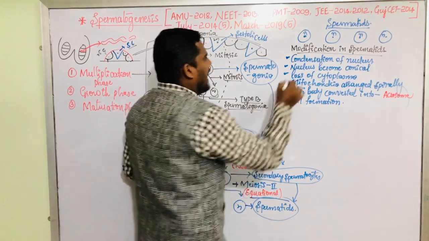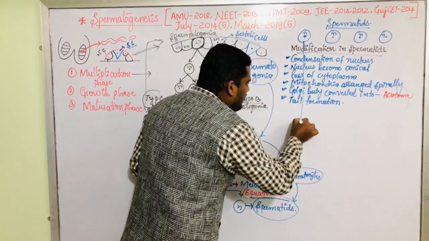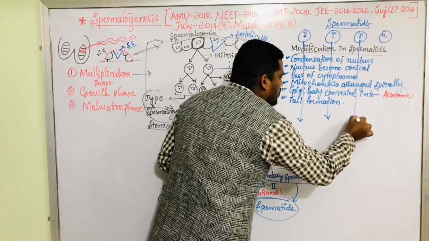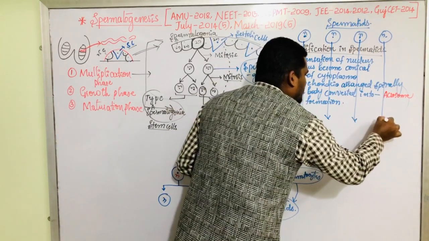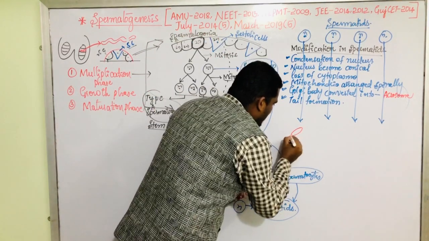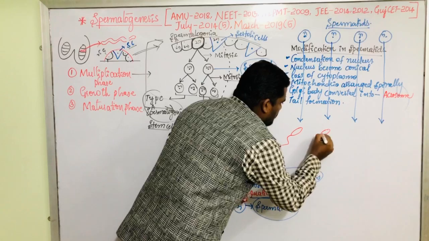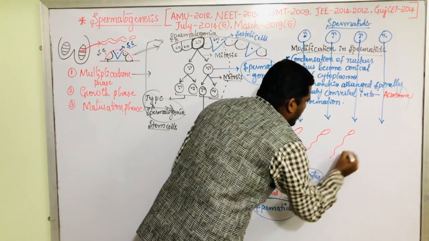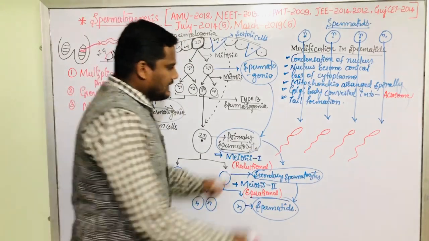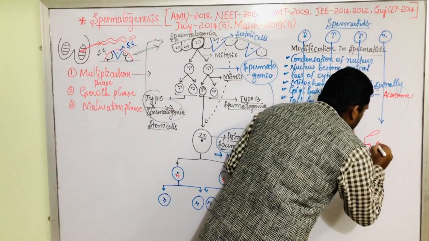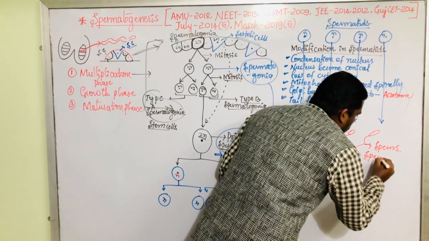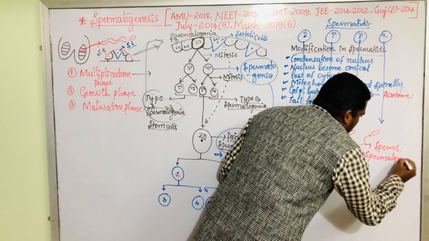As a result of that, these cells attain a proper, specific shape that exactly resembles the human sperm. Now they become the sperm. They are called sperms or spermatozoa.